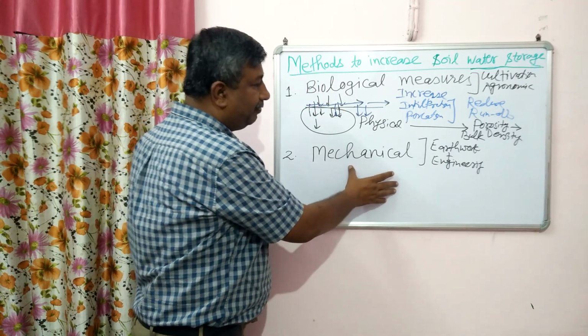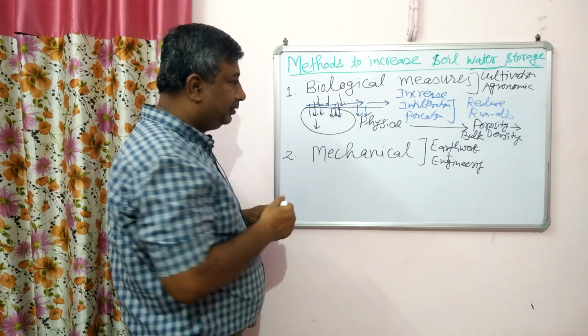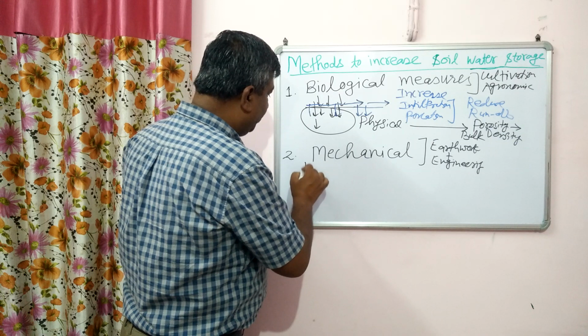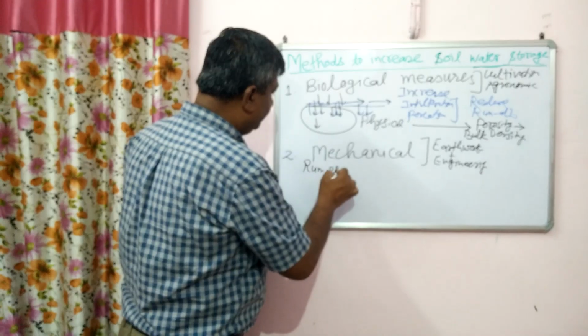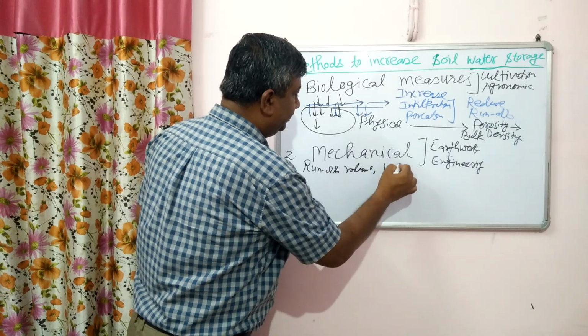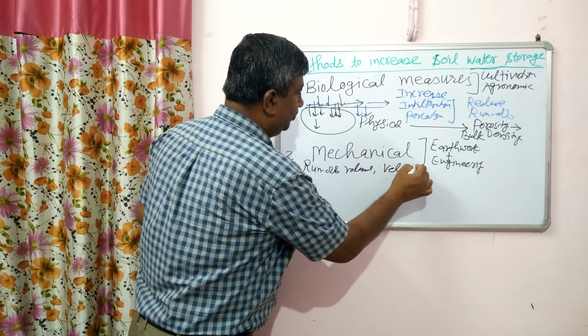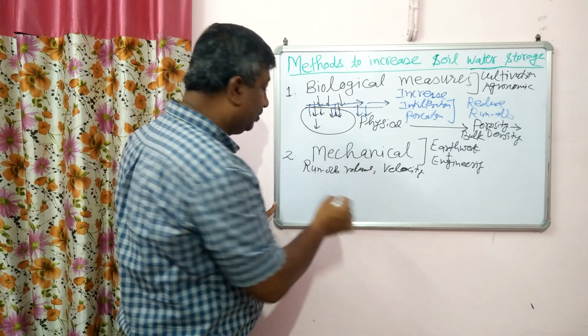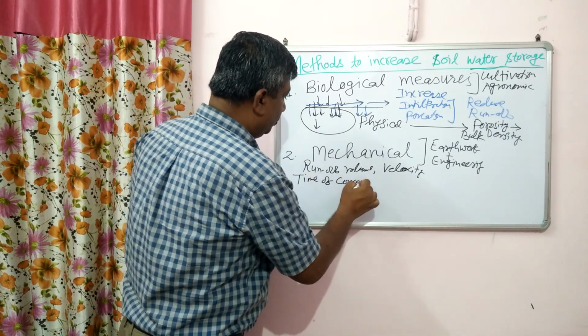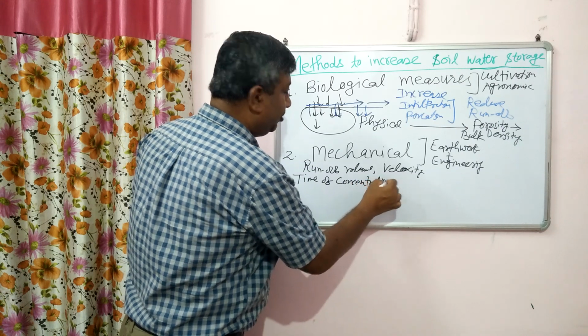Now in case of mechanical measures, here the objective is to reduce the runoff velocity and runoff volume, so that more time of concentration is available. What is the time of concentration?